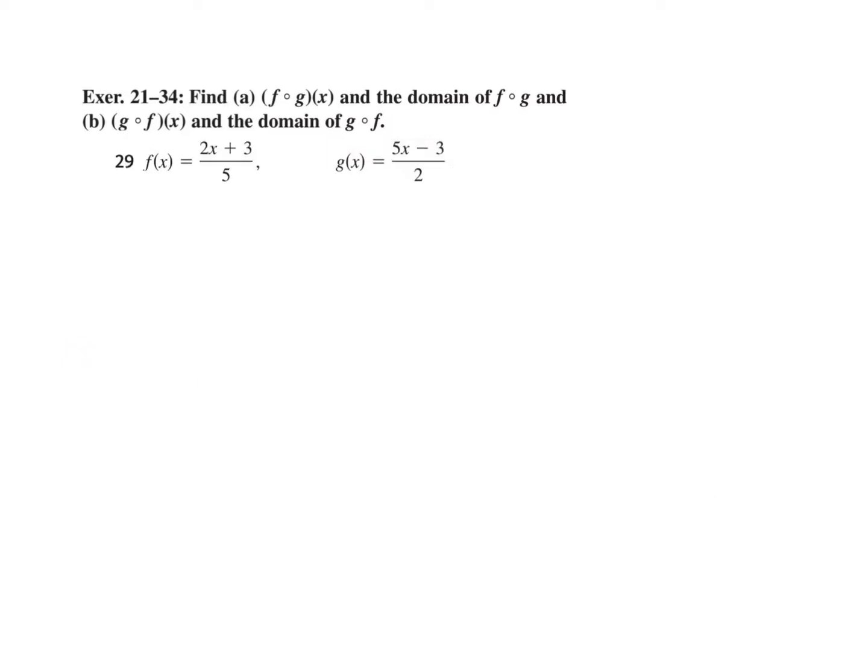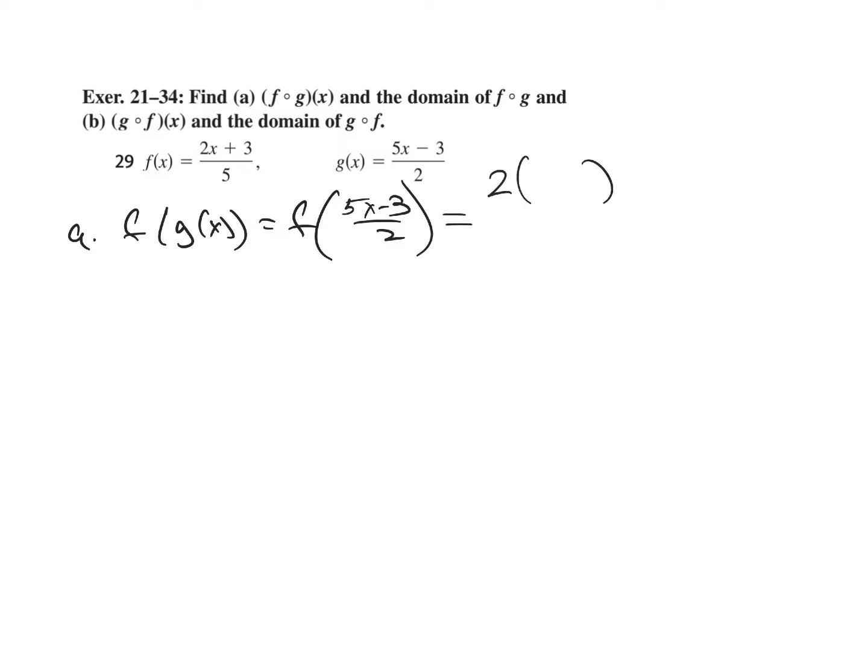Okay. We're doing the exact same thing with this one. So part A, f of g of x. Again, f of (5x minus 3) over 2. So the f function is 2 times (x plus 3) all over 5. Well, x is (5x minus 3) over 2.